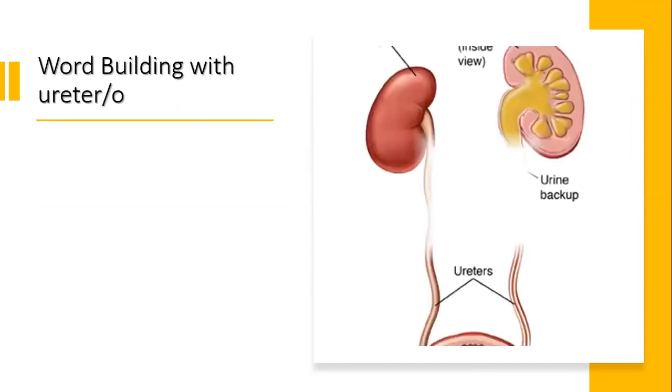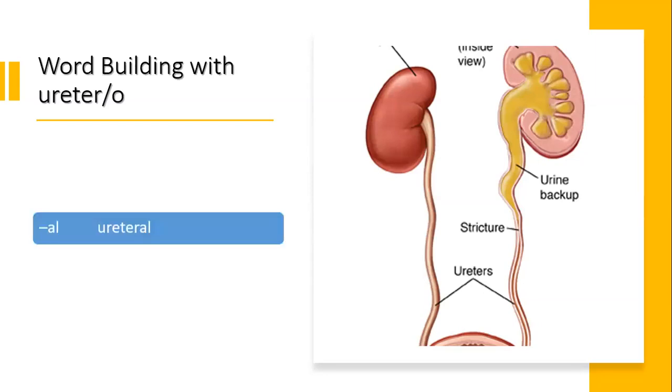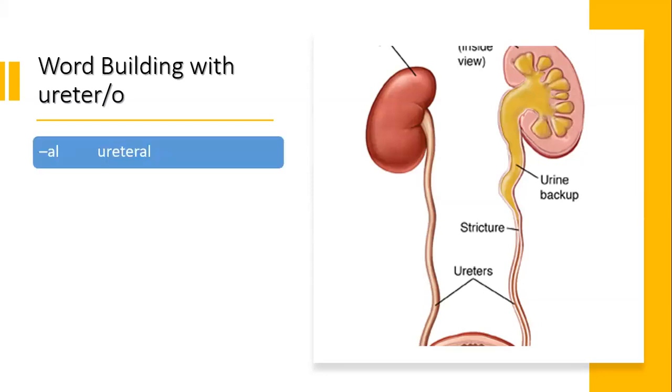Word building with the ureter. We have two ureters, one on each side of the kidney, and sometimes we have a duplication of the ureter or bifid ureter and pelvis. Ureteral, pertaining to ureter.